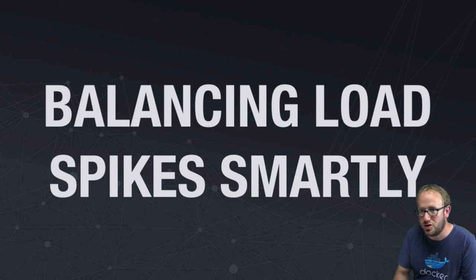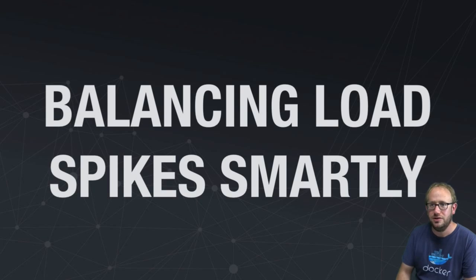Balancing load spikes smartly. We were originally using smaller instances of Neo4j, and we were packing them using the bin pack algorithm of ECS as new Neo4j sandboxes started up. The problem was that in a spike, you'd have all four instances on one of these smaller machines starting up at the same time.